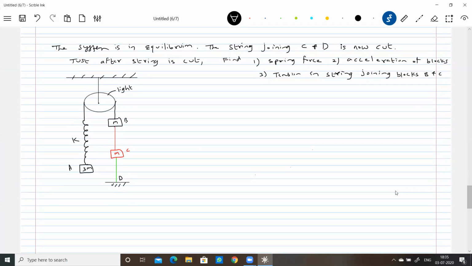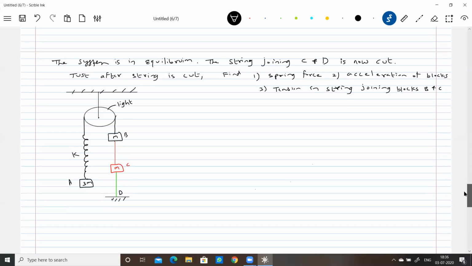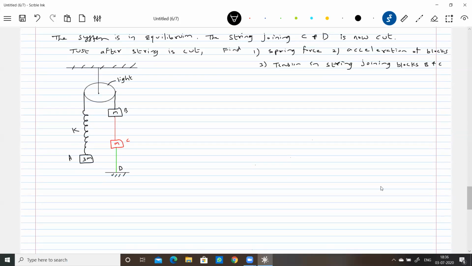Same thing, what you should do is consider the initial and final situations. He's telling the system is in equilibrium, with the string joining C and D. Now I'm going to cut the green color string. There are three strings here, a black color string, a string and a spring. Try to notice the difference.